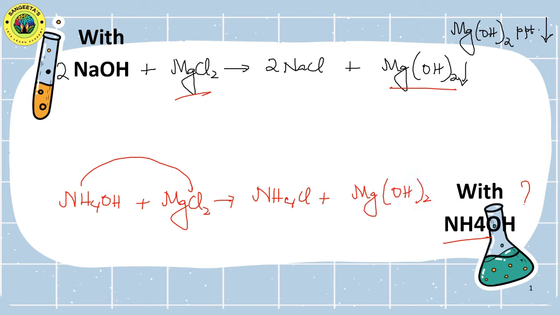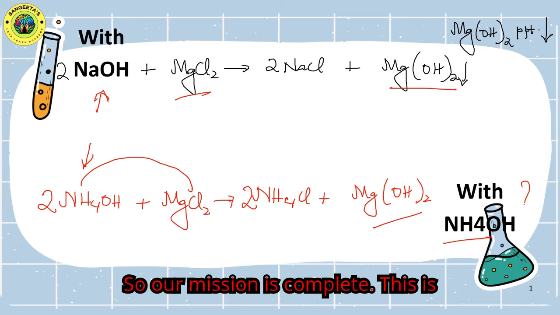Is this balanced? Let's check out. So we will have 2 NH4OH and 2 NH4Cl. So MgCl2 plus 2 NH4OH gives 2 NH4Cl plus Mg(OH)2. Have we got these same products from two different reagents? Yes, so our mission is complete.